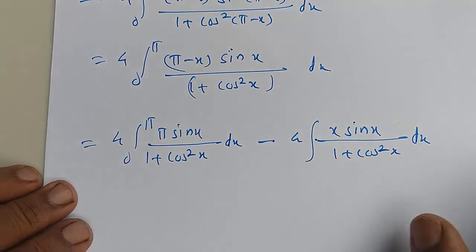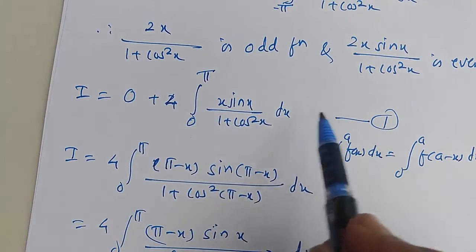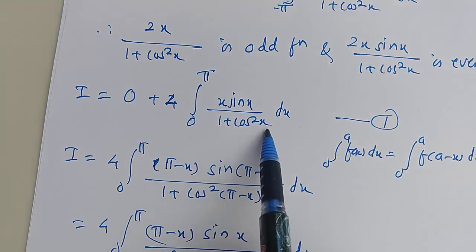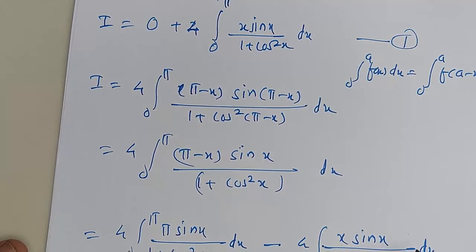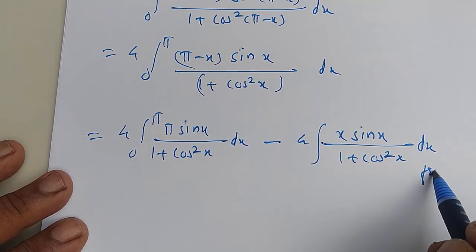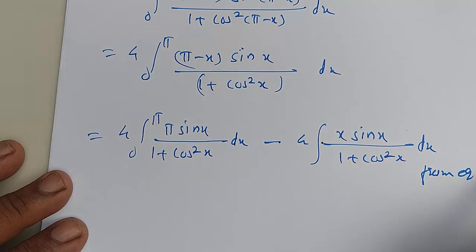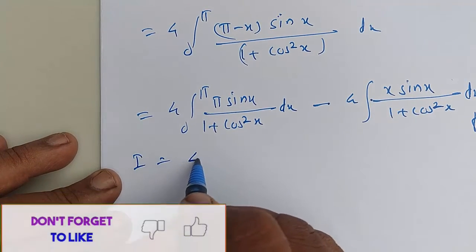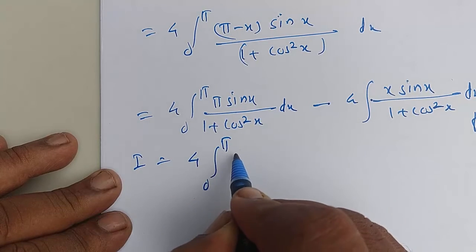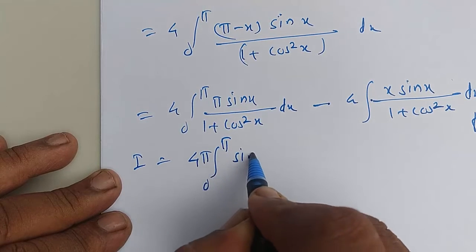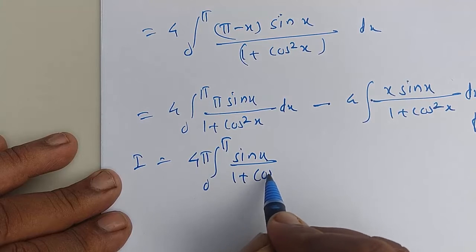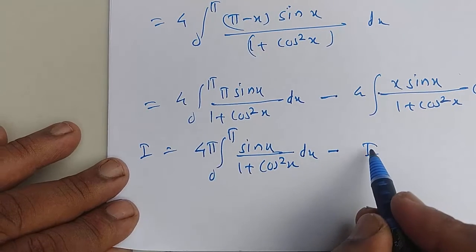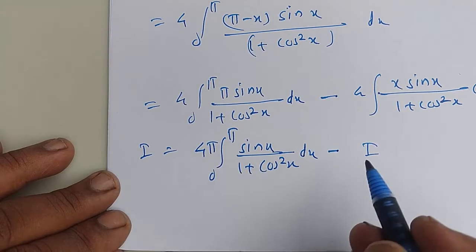This is the same quantity as in equation 1, so this is nothing but I from equation 1. Therefore I is equal to 4 pi integration 0 to pi of sin x upon (1 plus cos square x) dx minus I.